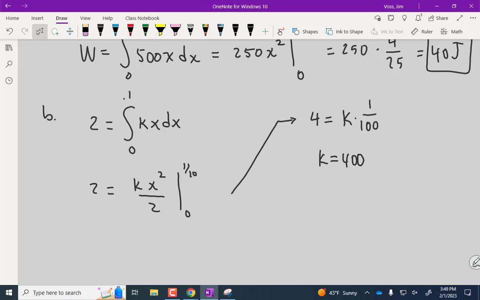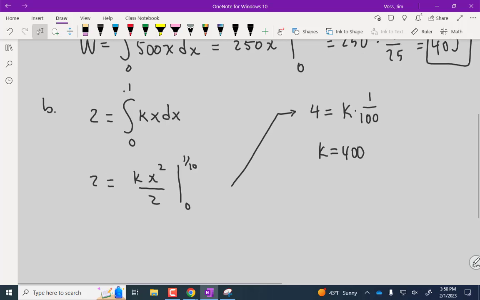Any issues with finding that k value? Everybody see where everything comes from? So work and force always go on the left, depending on which one they give you. And then once we have the k, work is on the left and force is on the right. But to find k, yes.